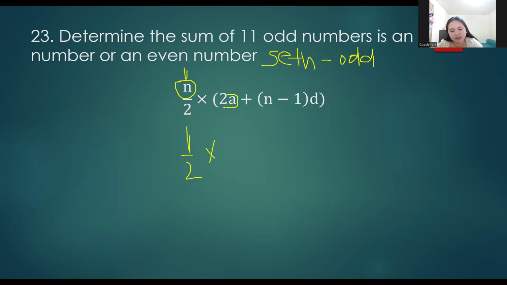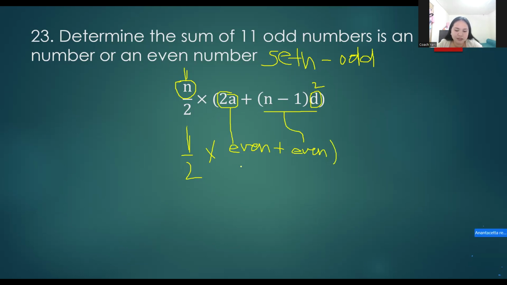Anything that gets multiplied by 2 becomes even, right? So you have even. And then what is the difference between odd numbers? You have 2. And anything that gets multiplied by 2 becomes even. So this becomes even plus even. What's even plus even?